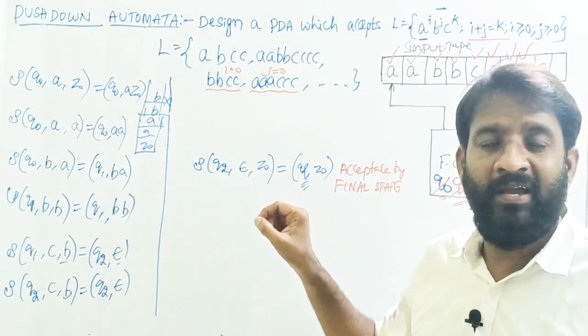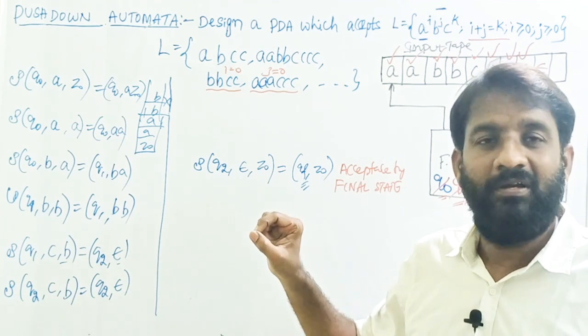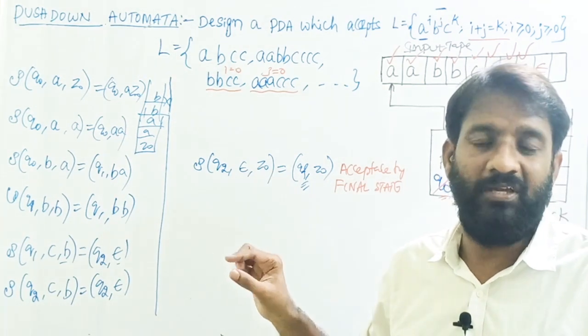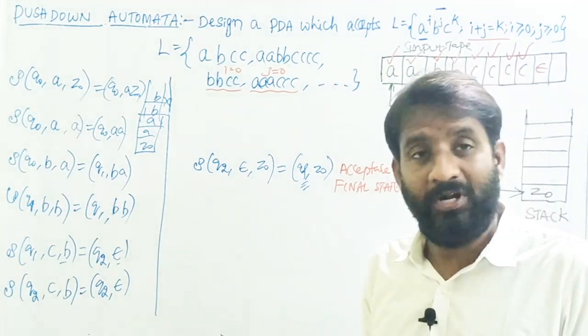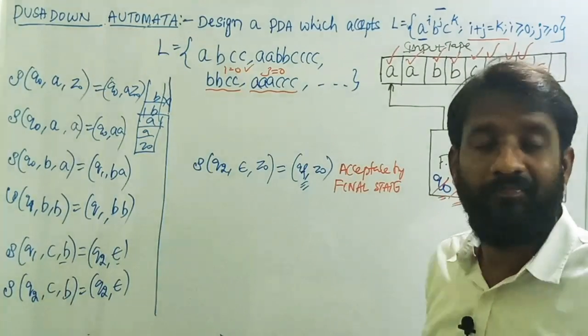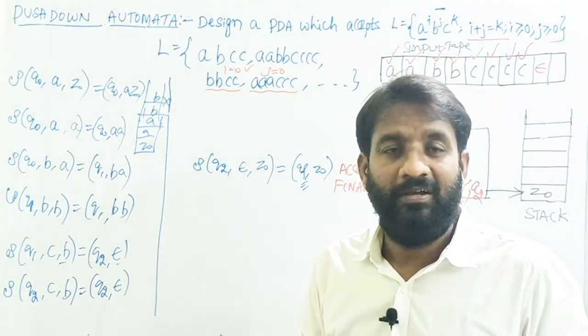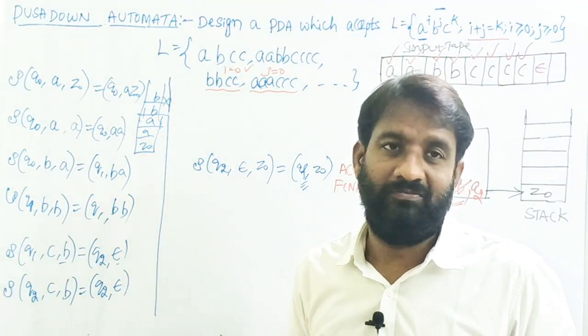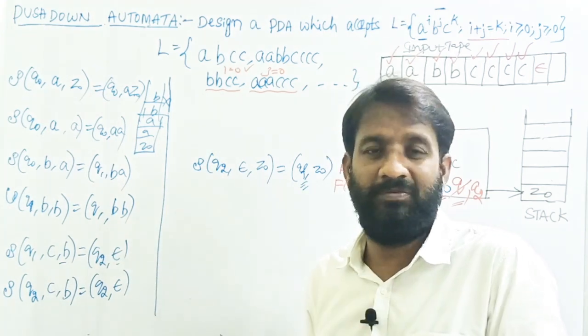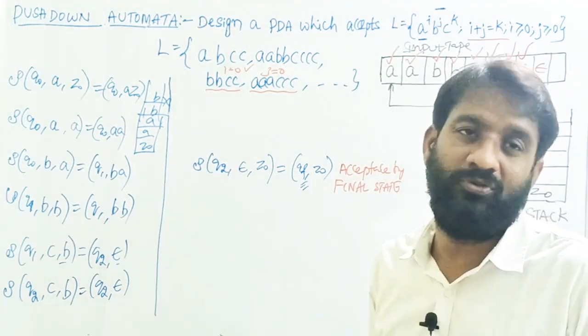This is when I has some number other than 0 and J has some number other than 0. Okay. Now we have to analyze what happens to the design if I equals 0, meaning that there are no A's in the string. We have only B's and C's: an equal number of B's followed by an equal number of C's. So we have to add one more transition.